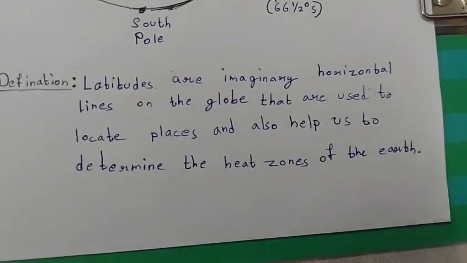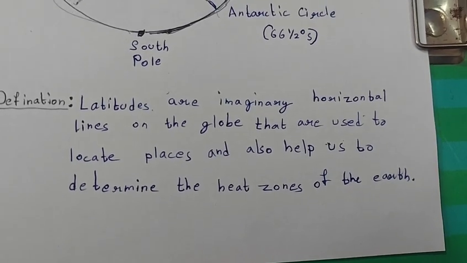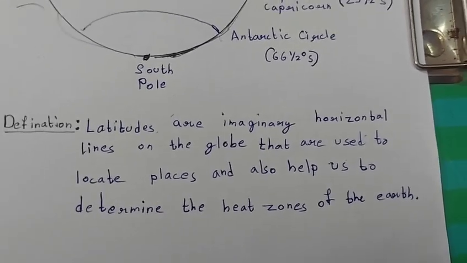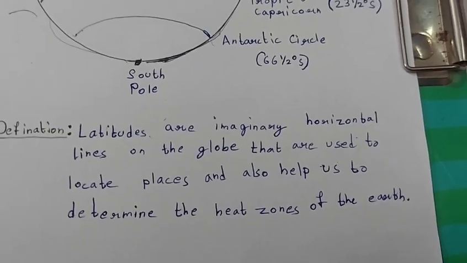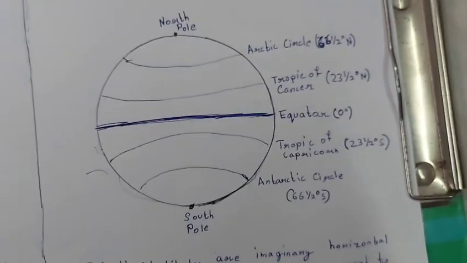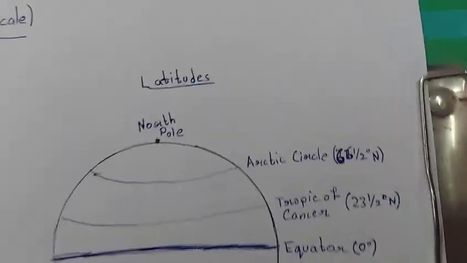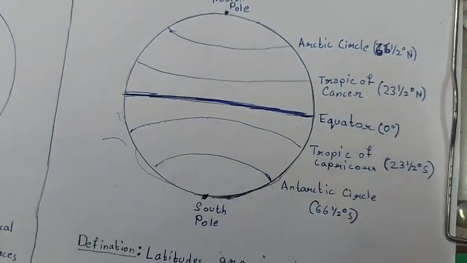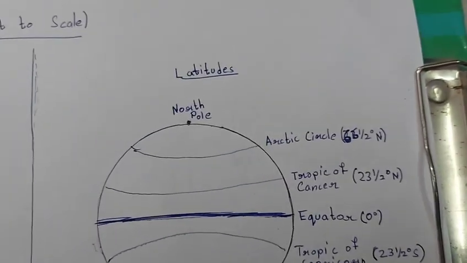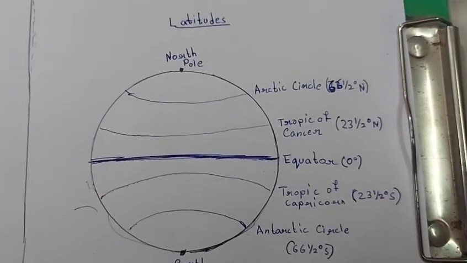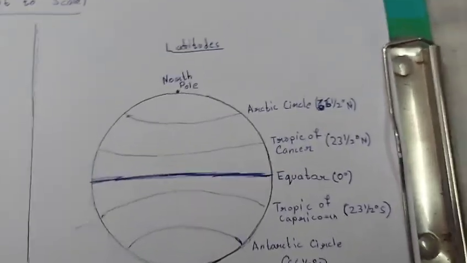And next, latitudes also help us to determine the heat zones of the earth. So what are heat zones? Heat zones are just according to the temperatures. I'll share that in another video, but let me just tell you what they are.